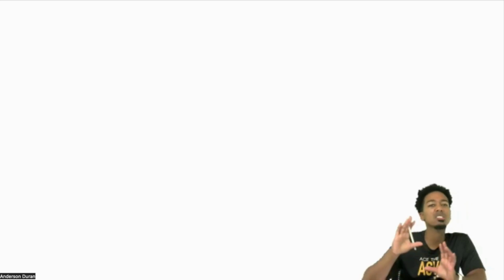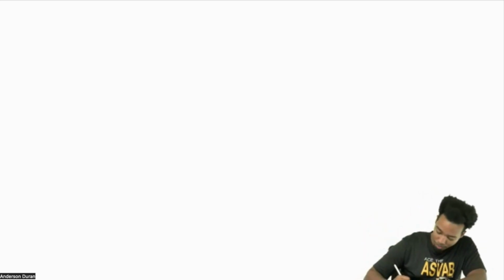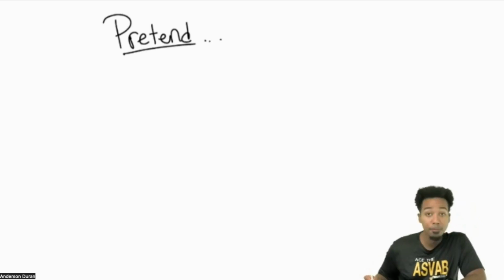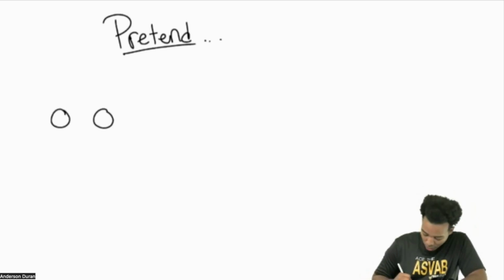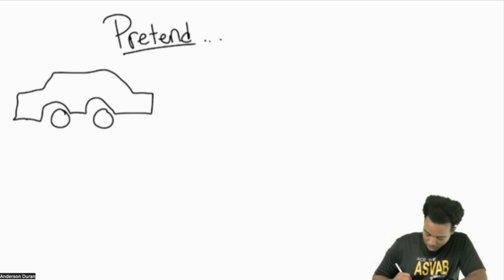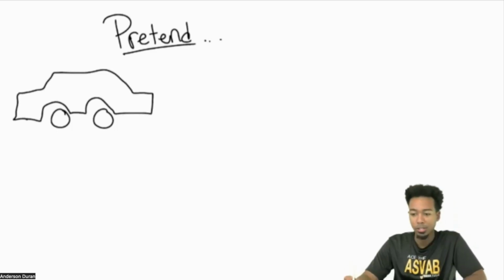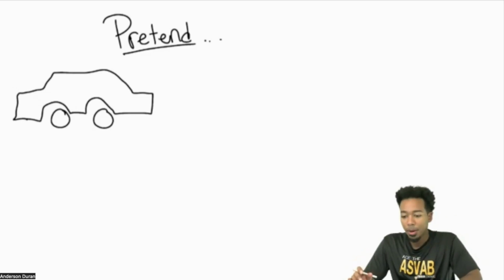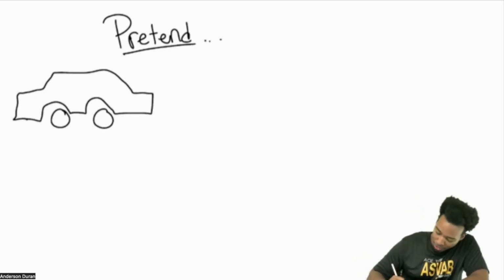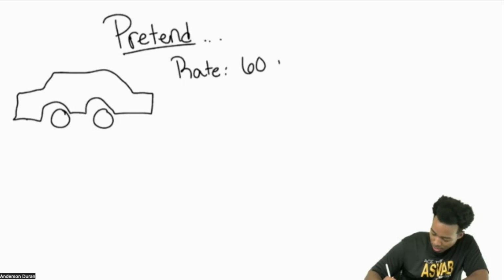Let's look at this pretend situation. I'm going to write it up top: pretend that I have this cartoon car. It has no suspension, no chassis, whatever. But let's pretend we have this car and the rate is 60 miles per hour.